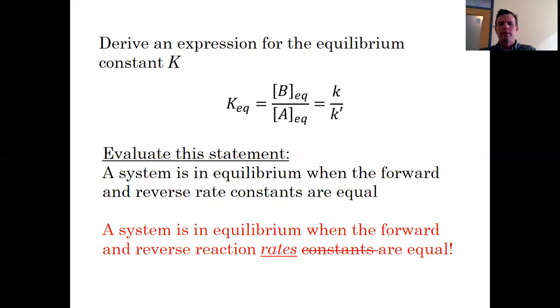A system is in equilibrium when the forward and reverse reaction rates are equal. So if I brought this K prime up here and I brought the A equilibrium up here, you would get the forward and reverse rates. And so this was our notion of equilibrium. It's not a static concept. There's always changes going on, but they're balanced.